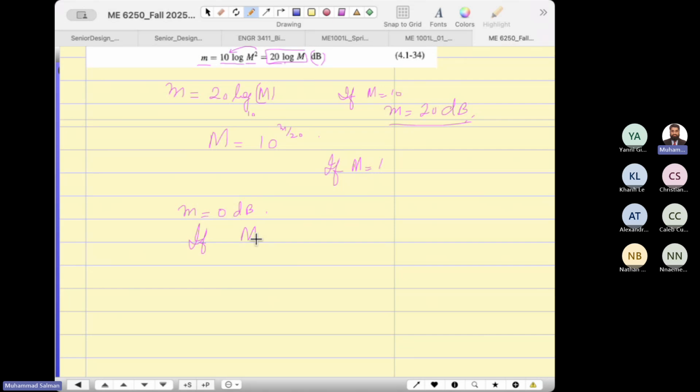If the magnitude ratio is less than 1, what will happen? Suppose m equals 0.1. Log of 0.1 is negative 1, and multiplying by 20, you get negative 20 dB.